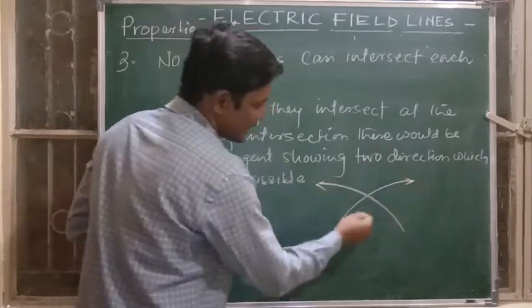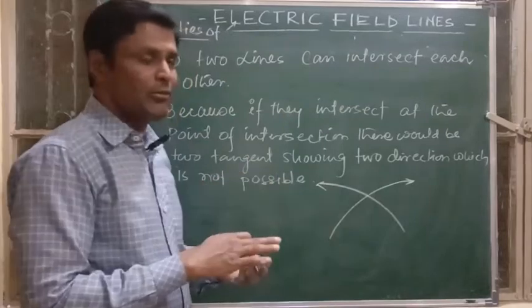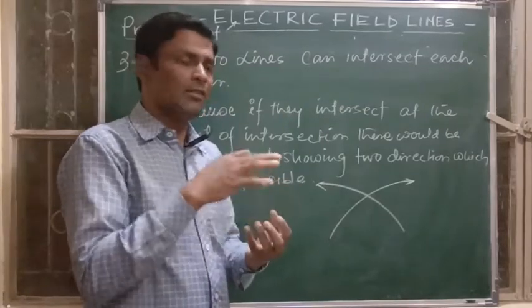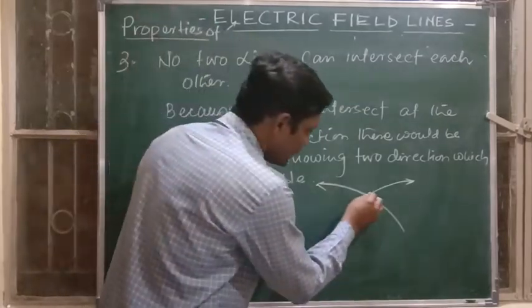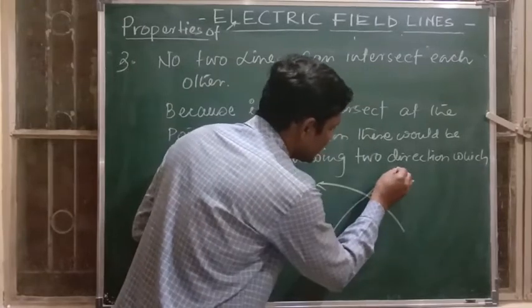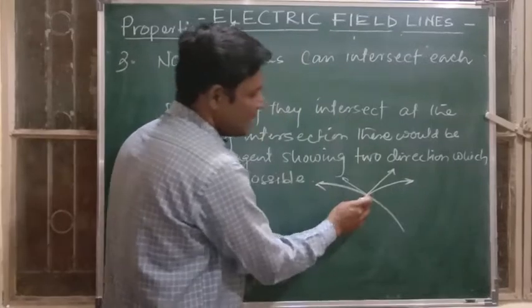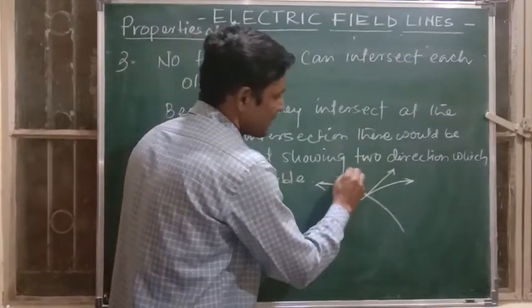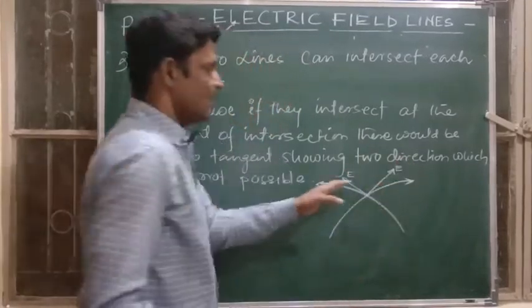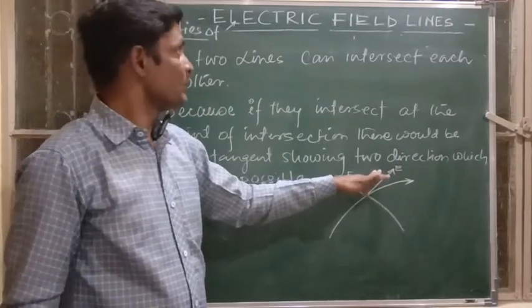At this point, the value of electric field intensity will be the same, but we will be able to draw two tangents at this point showing one direction and another. So for the same electric field, two directions are not possible.